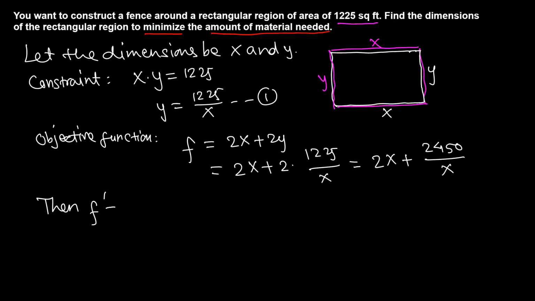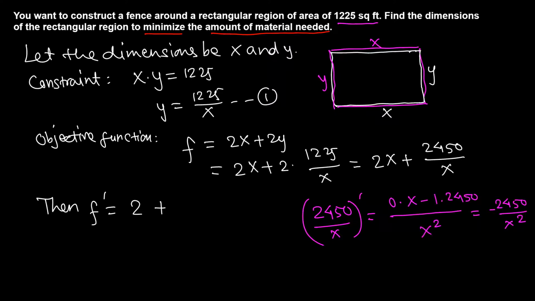Then the derivative of 2x is 2 plus the derivative of 2450 over x. To find its derivative, we can use the quotient rule, and we get negative 2450 over x squared. So that's minus 2450 over x squared.